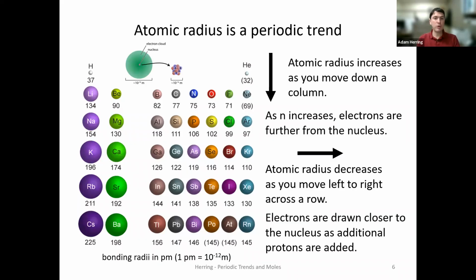So when you add in a proton, it's only occupying a very small amount of that space. So even though we're adding in protons, those are not increasing the size of the atom, but rather they're causing it to shrink because there is a larger attractive force pulling the electrons in towards the nucleus.